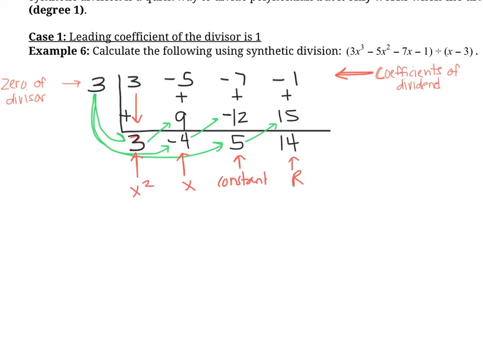So therefore, when we divide, we're going to be left with the function f at x is equal to 3x squared minus 4x plus 5 with a remainder of 14.